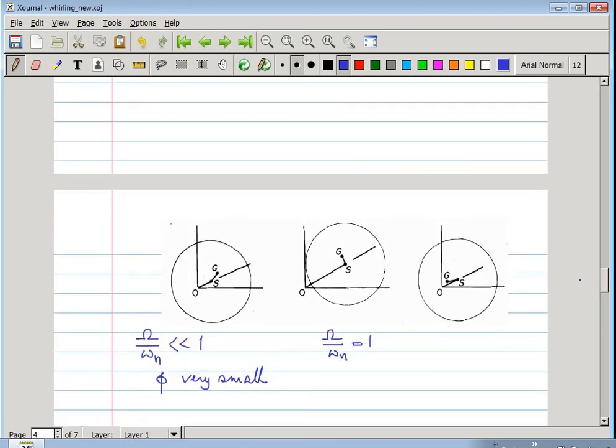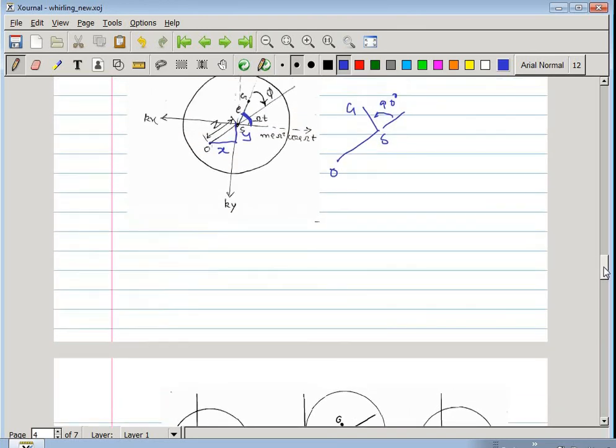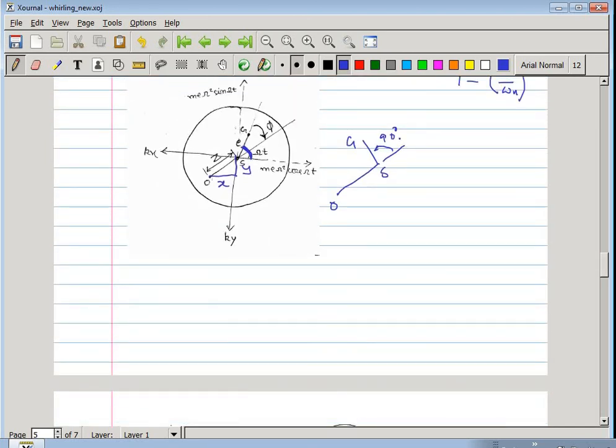And what happens when omega by omega n is much greater than 1? Then phi is 180 degree. 180 degree means this 90 degree has increased, so OS is here and SG is in this direction. They are coincident, but I am drawing it with a little gap so that you can differentiate between these two.